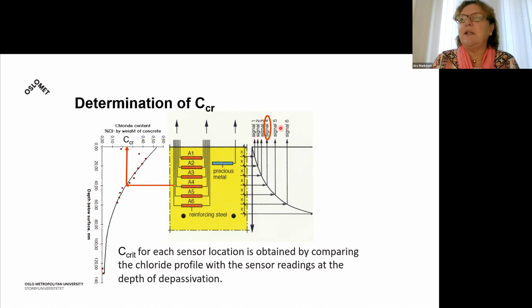compare the signals we obtained from the corrosion rings with the chloride profiles from the same area where we have drilled out the concrete, of course. So if you have a signal, let us say here, then we can go in and find what is the chloride content in that area. So that's the system where we are finding the corrosion current and the chloride content in that situation, and then find what the critical chloride will be.